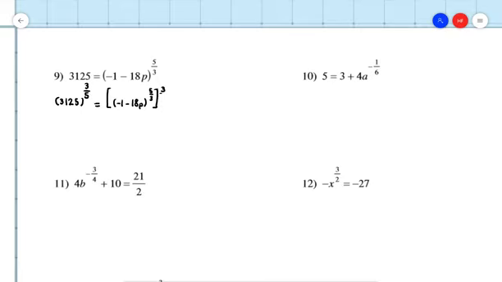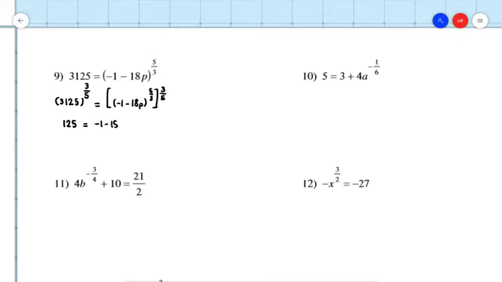And just like the last one, it'll get the power to cancel out. And we'll take 3,125 to the 3/5 power. And we get 125.